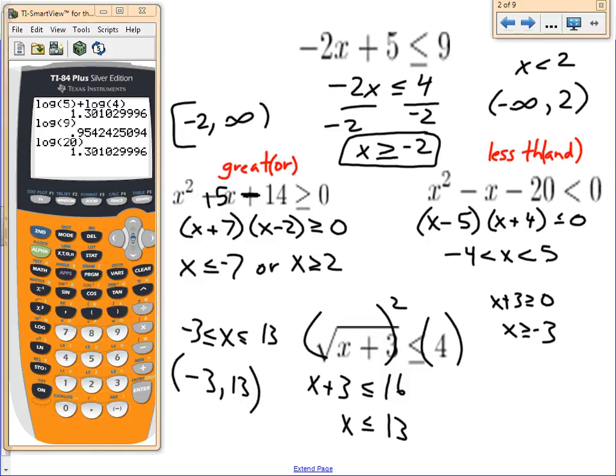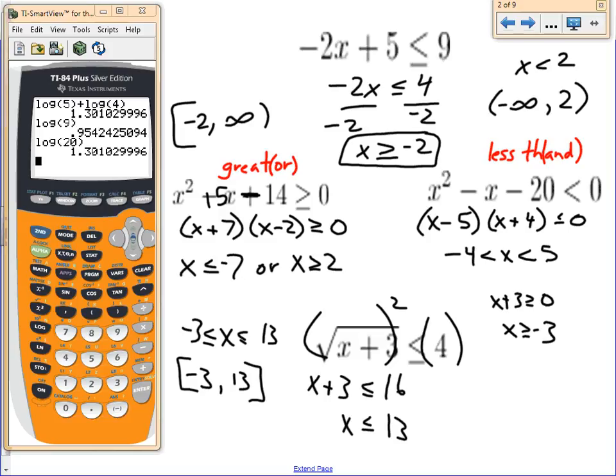I'm concerned that we might look at this and think, oh, wait a minute, that's less than or equal to, so these should be brackets. I'm concerned that we might look at that and think these right here are just ordered pairs. That's not an ordered pair. That's called interval notation, and it's a bracket because that's less than or equal to, comma, 13, again, bracket.